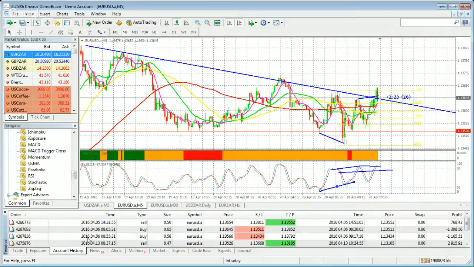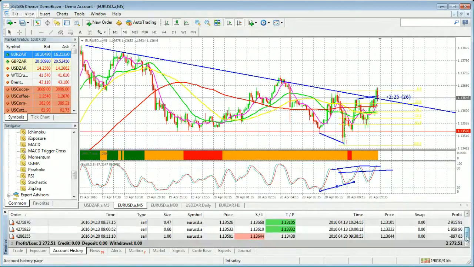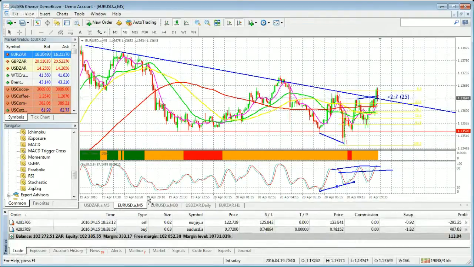Let's have a look at the count history. If we go down, yeah, basically a 1% loss. Then we've got still running there. Made a higher high there. We'll see what this is going to do shortly.